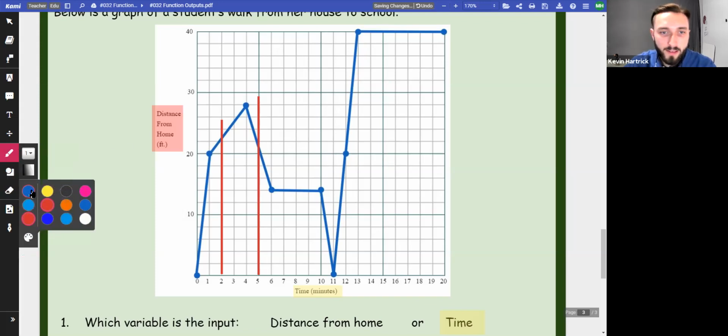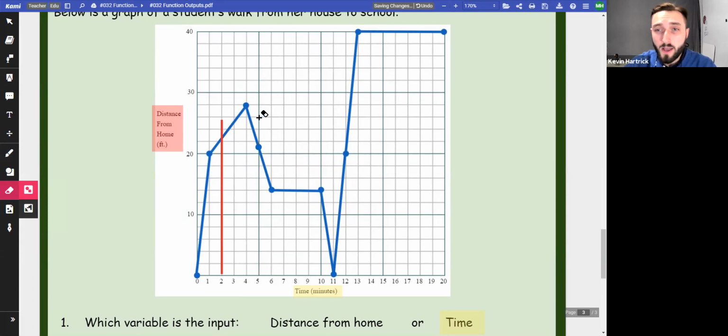If there was a point on this graph like here, that would tell me that this vertical line touched it in 2 spots. If it touched it in 2 spots, that tells me that it's not a function. Why? Because the input of 5 had 2 different outputs. It had this output here and this output here. That would tell me that it's not a function. But that's not the case.